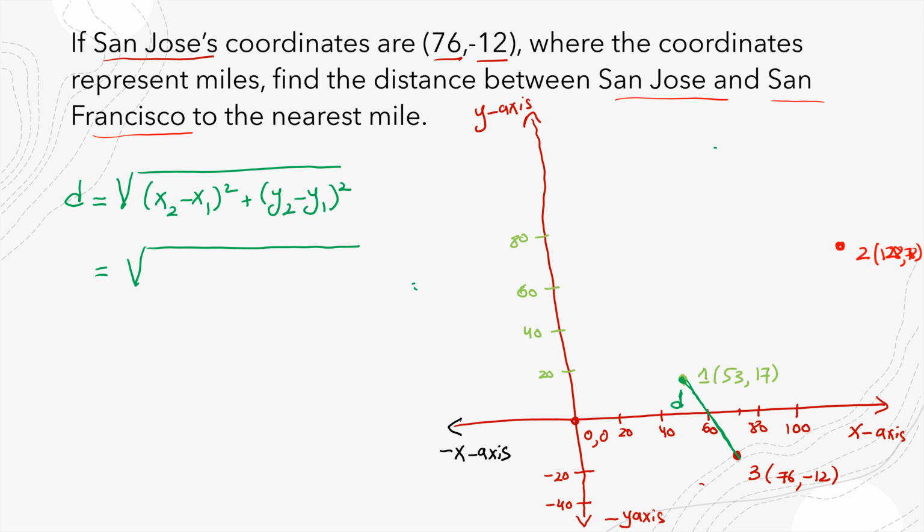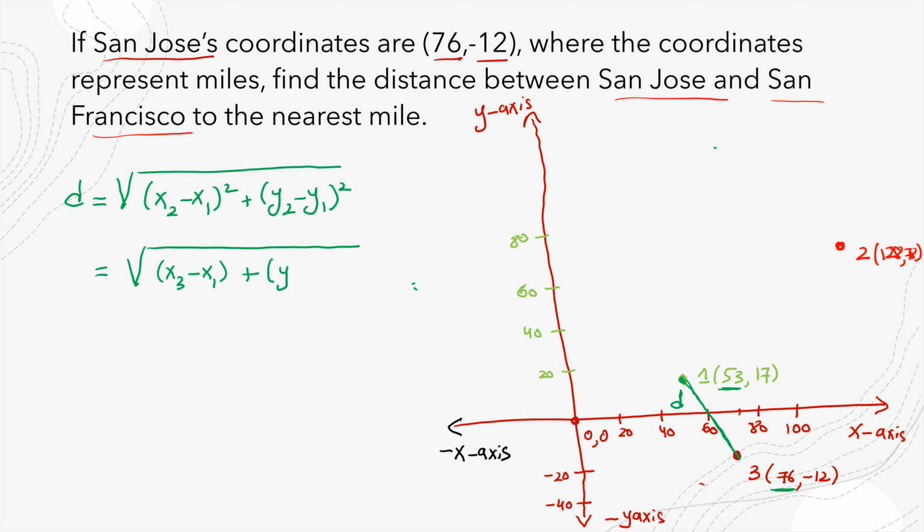The formula is there, but since we are dealing with points 3 and 1, we can replace the variables here as x3 minus x1, x3 representing the x coordinate of point 3 and x1 representing the x coordinate of point 1.